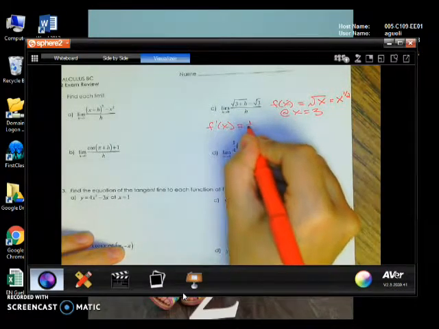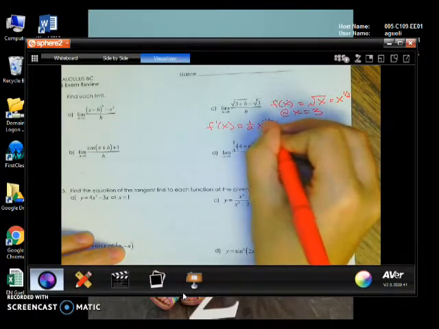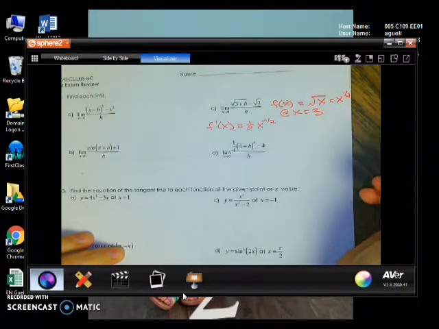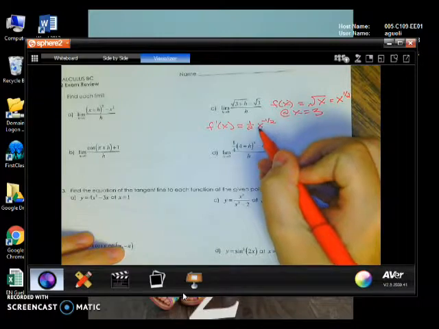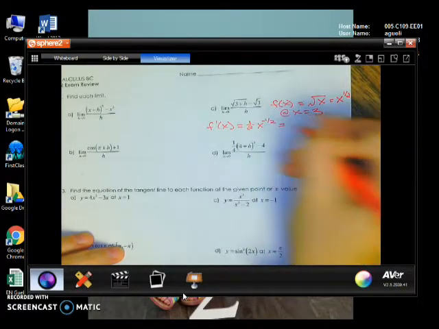You're going to rewrite that 1/2 out front, x, and then you subtract 1 from the exponent, so it's negative 1/2 power. And you technically could evaluate it right from there, but most of you aren't going to be able to evaluate 3 to the negative 1/2 power, so it's probably going to be easier for you to rewrite it.